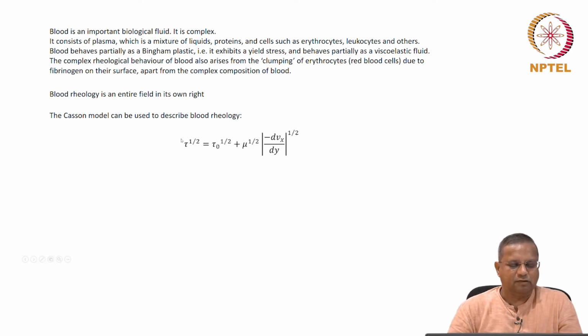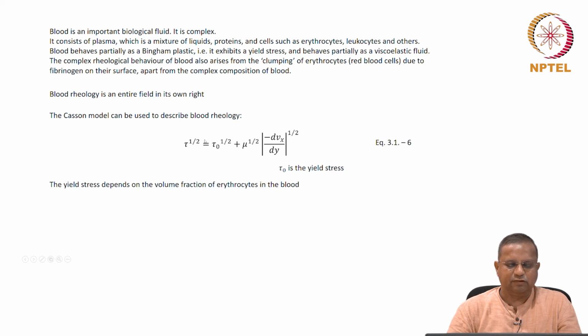The Casson model is something like this: tau to the half equals tau naught to the half plus mu to the half times the absolute value of minus dvx/dy to the power of half. This is the Casson model which describes blood rheology. Tau naught is the yield stress, and the rest you know.